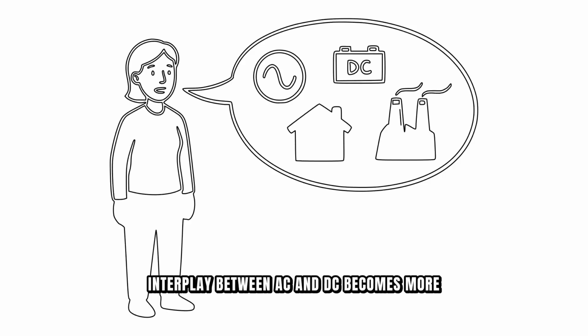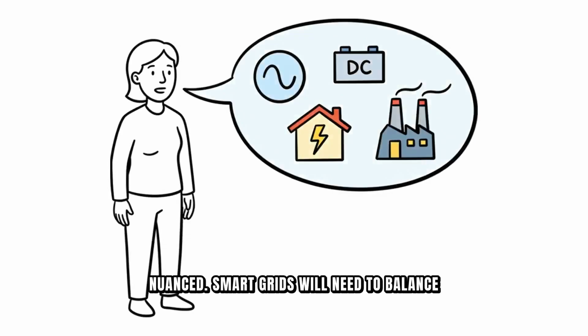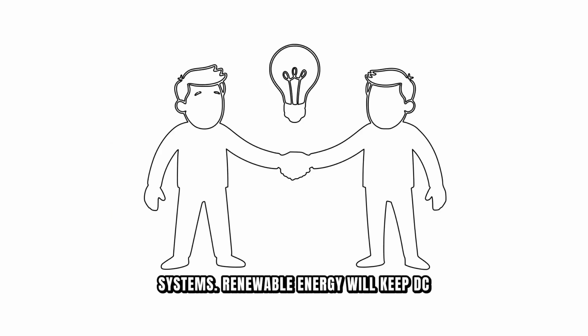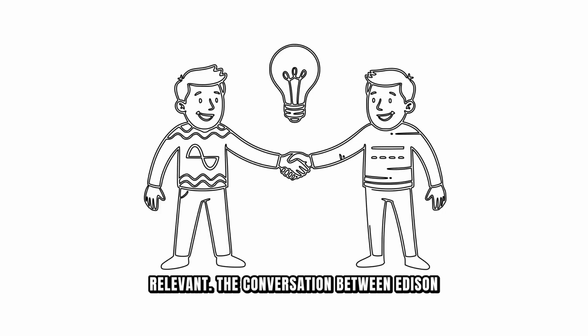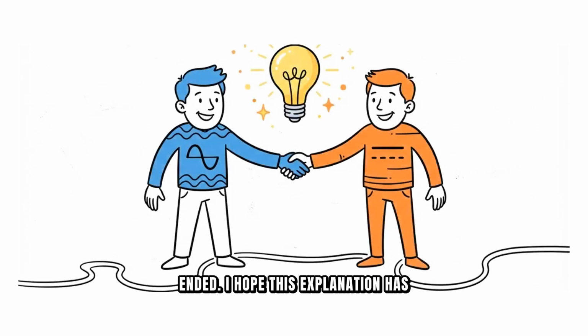As technology continues to evolve, the interplay between AC and DC becomes more nuanced. Smart grids will need to balance the transmission efficiency of AC with the local efficiency of DC. Electric vehicles will continue pushing development in DC systems. Renewable energy will keep DC relevant. The conversation between Edison and Tesla, in a sense, never really ended.